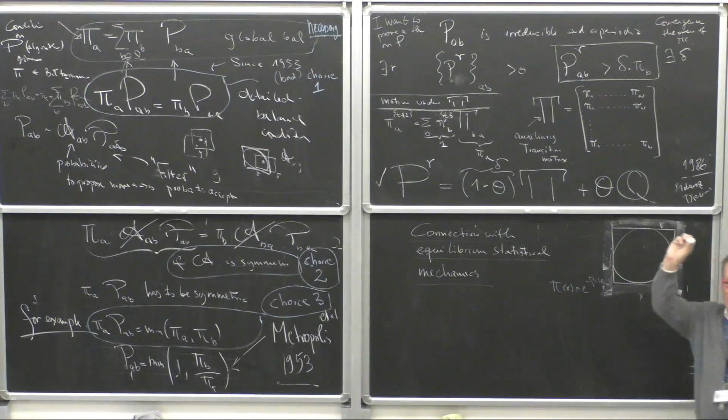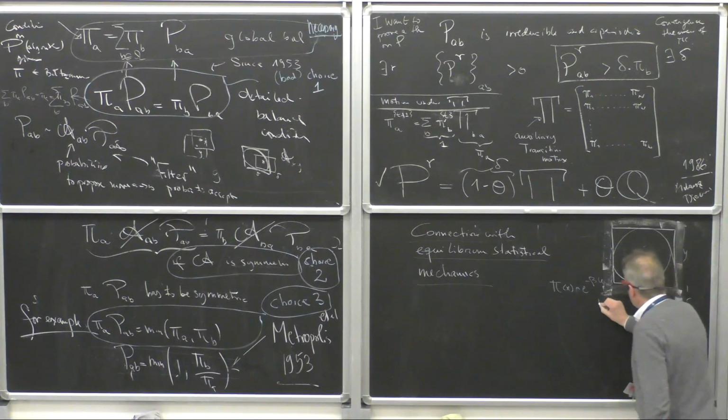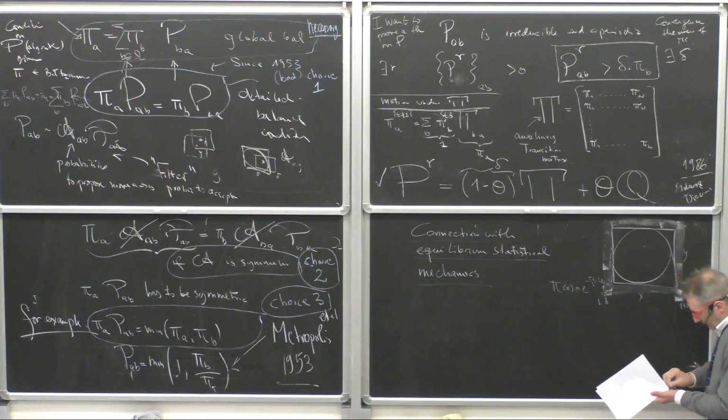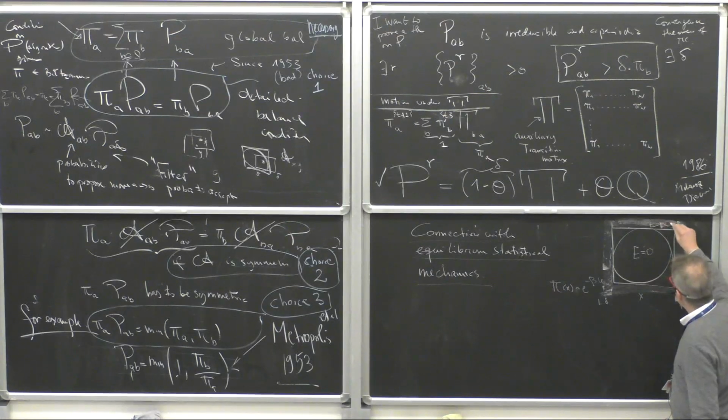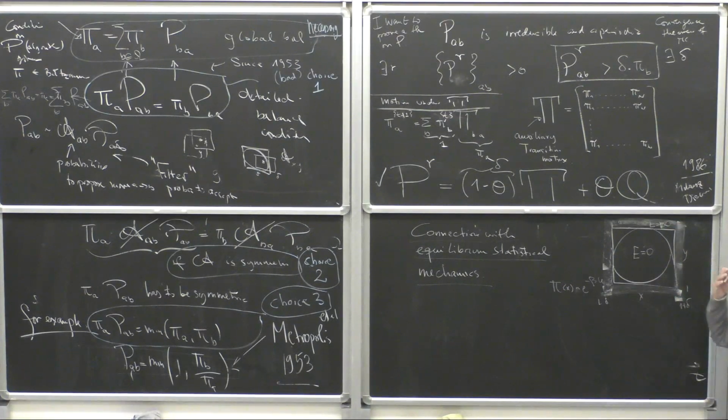So this is the width delta. Here I am at 1 plus delta, 1 minus delta. What I did is the following: I said that the energy here is 0, and the energy is infinite outside.